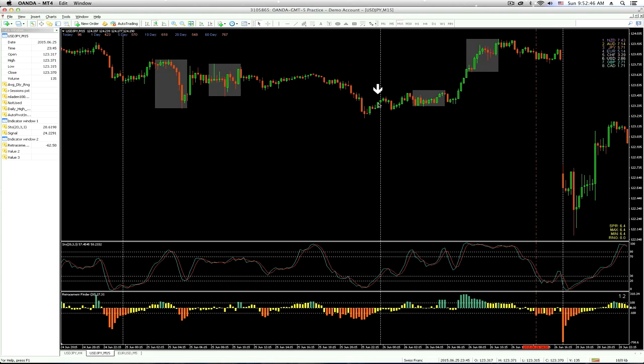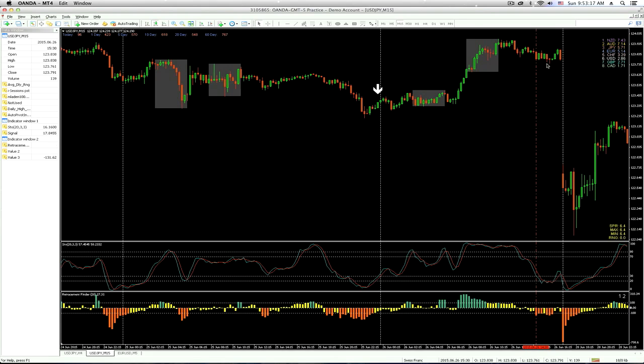Now we're waiting for a retrace, which retraced quite nicely here, and then a close above the 80, which it did, but there was no confirmation in the CCI. Once again, it did it here, no confirmation in the CCI, and up here, and then it dips below 70, and we get a confirmation right here on this candle.